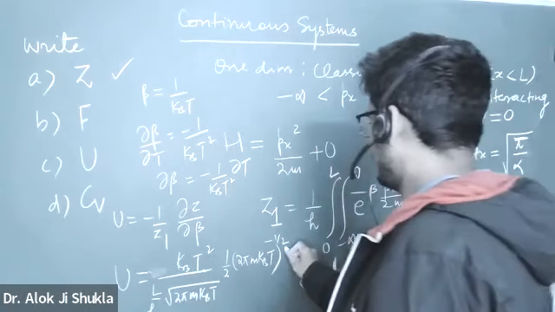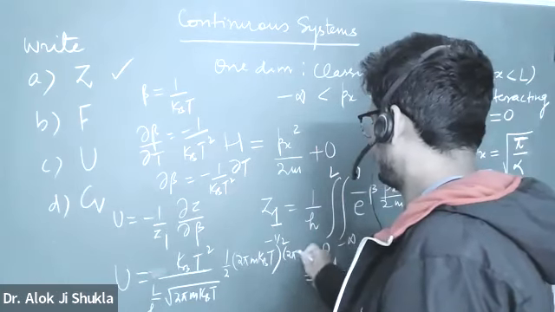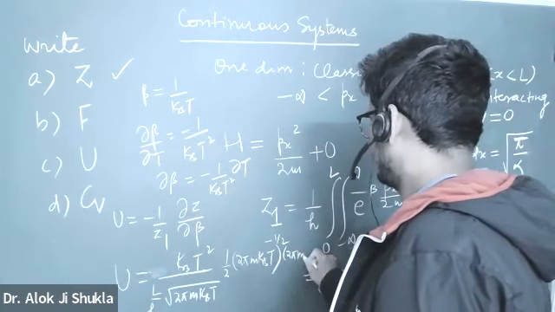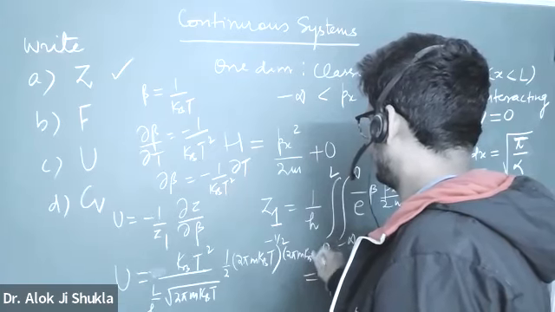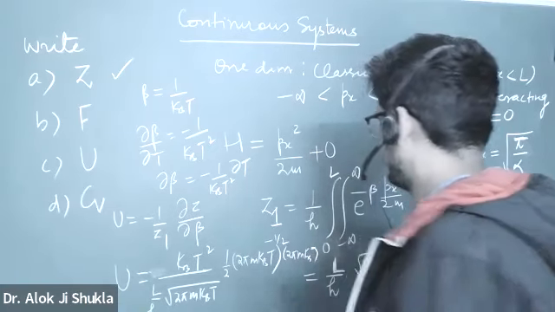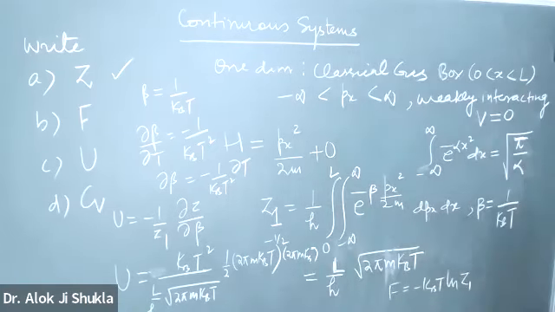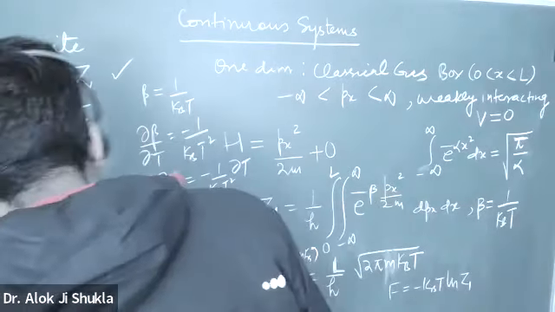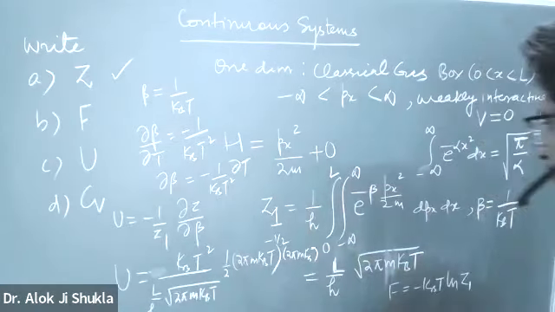तो ये हो जाएगा √2πm kBT। दिस is very important. We can do it with respect to beta also.